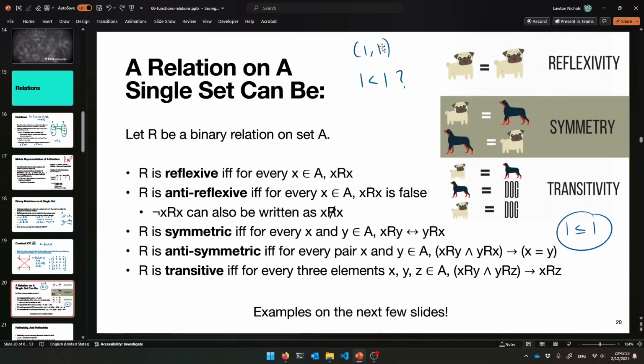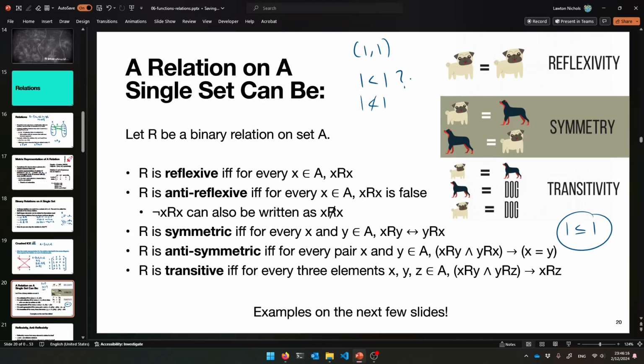In fact, less than is called anti-reflexive. A relation is anti-reflexive if and only if for every x in the domain, x is never related to itself. See that? Because this is never true. Every number is never related to itself under the less than relationship. Do you see that? It's always false.